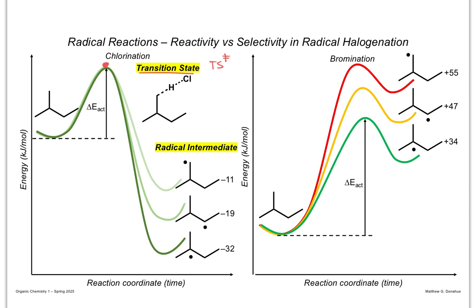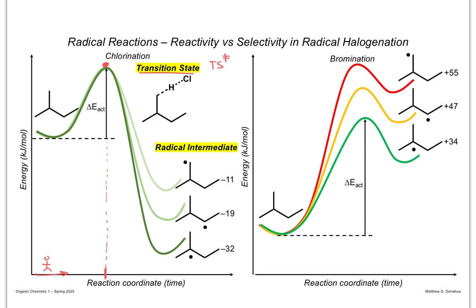One thing I want to point out, again, if you're marching along the x-axis, so this little stick figure here, you're marching along with time. If I draw this line down from the transition state to the x-axis, I hit that point.